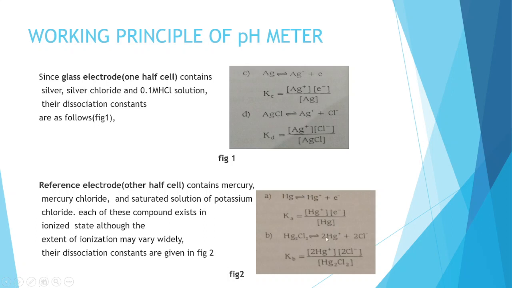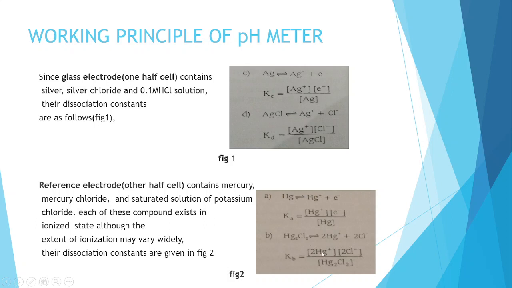multiplied by molar concentration of electron divided by molar concentration of Hg. Hg2Cl2 gives twice Hg with positive ion and 2 ions of chloride, and again this is the equation for calculating dissociation constant of Hg2Cl2.